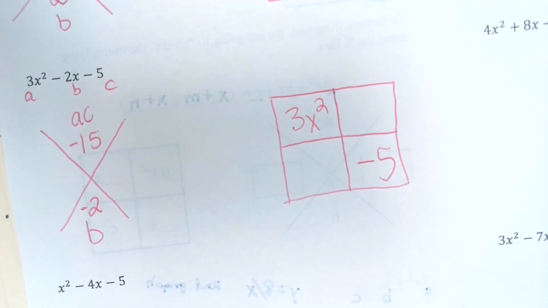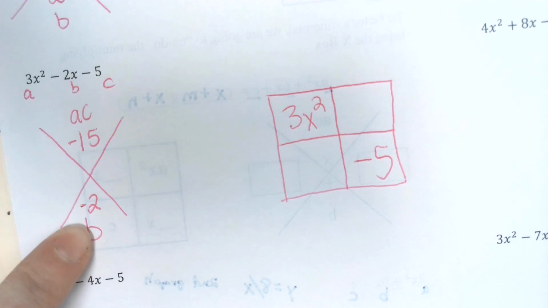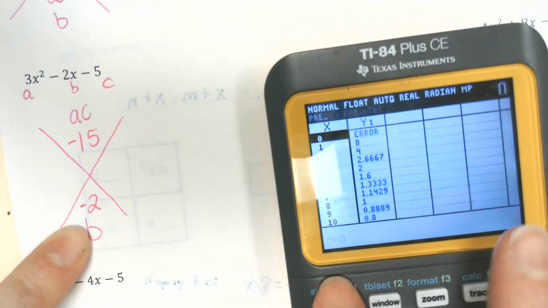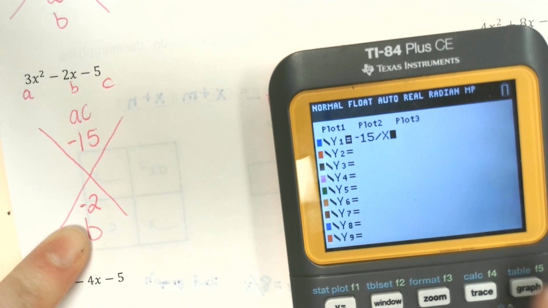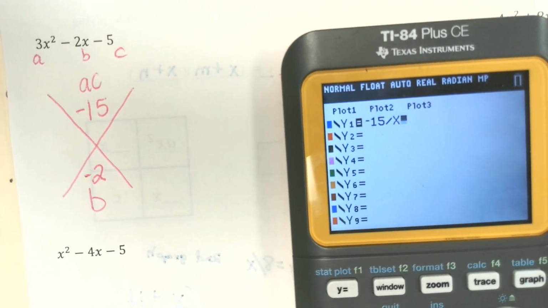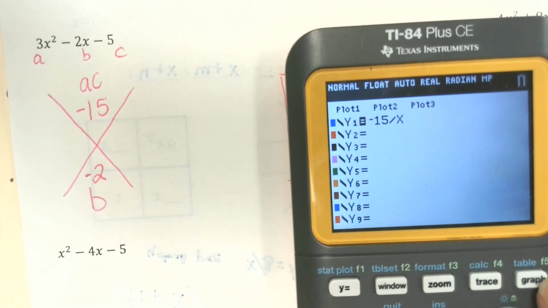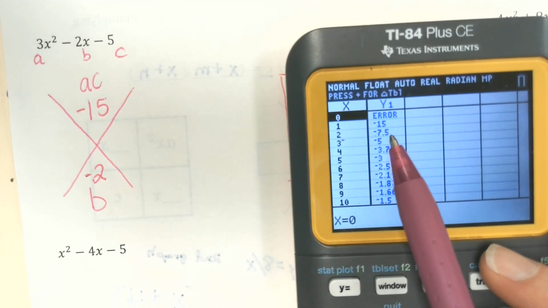So this is where we do our factors. What are the factors of negative 15 that add to get negative 2? I'm going to put them in the calculator so I can look at what they are, so I can find the right combination of my numbers. Hit second graph. 1 and negative 15.